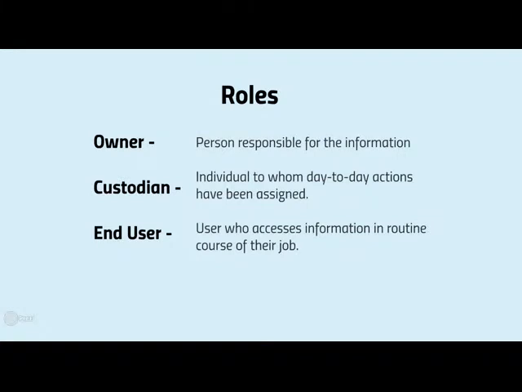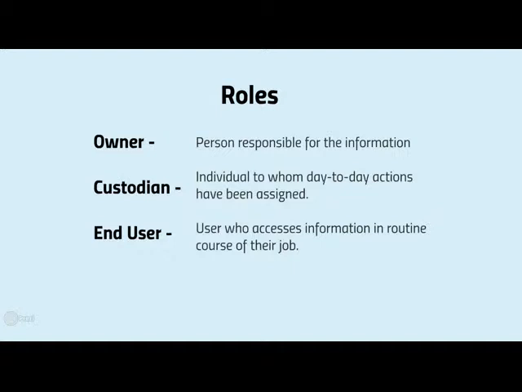There are some roles involved. The role of owner. The owner is the person responsible for the information. They determine the level of security needed for the data and delegate security duties as required. The role of custodian. The custodian is the individual to whom day-to-day actions have been assigned by the owner.